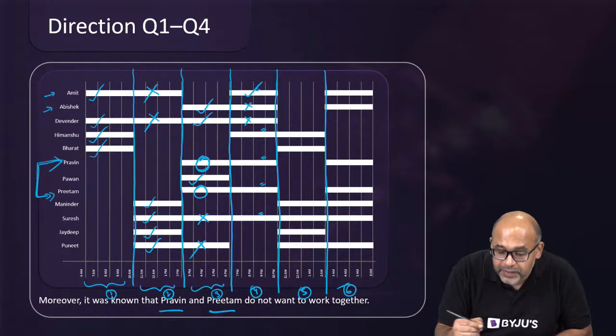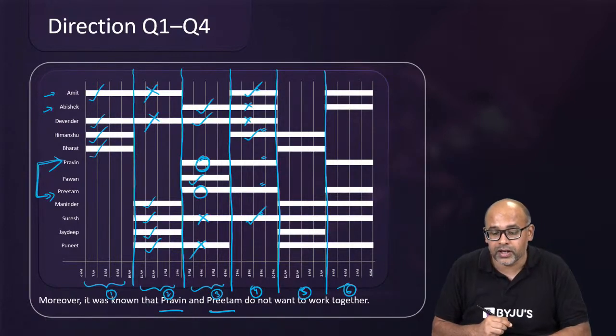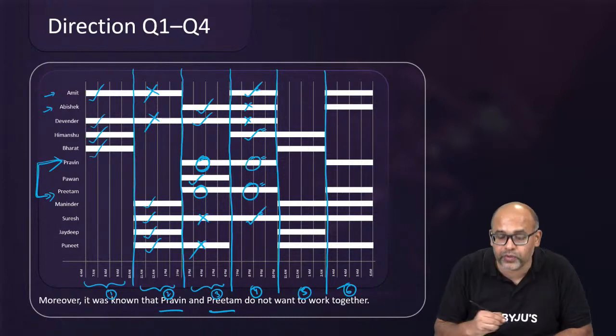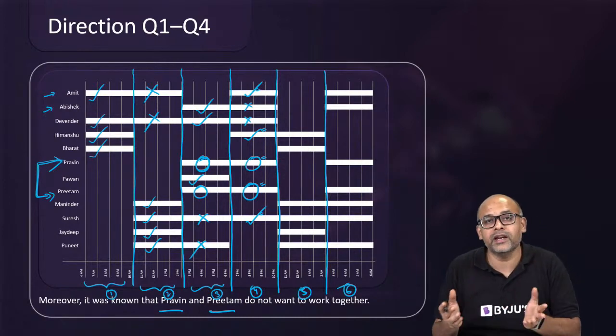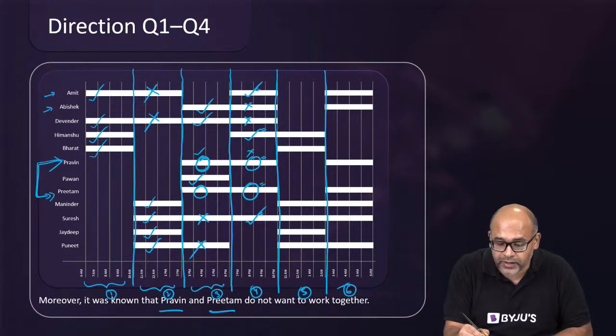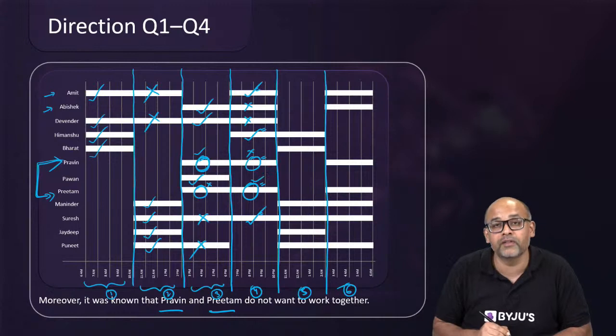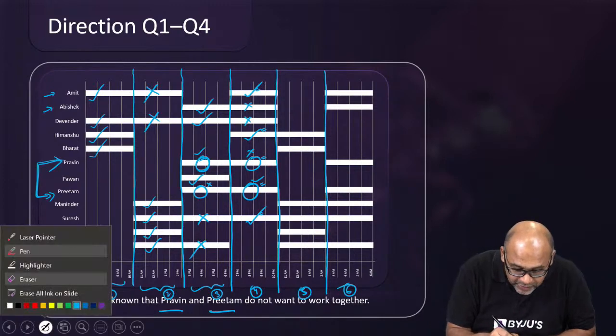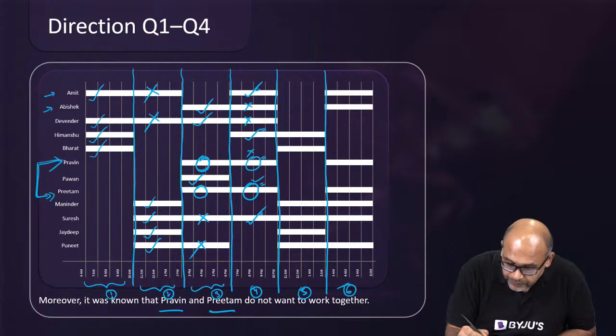So it means this person has to work, this person has to work, and this person has to work. Now here again I don't know who is working, right? If this person is working, this person will not work, and this person will not work here, this person will work. That's how it is. So we don't know exactly who's working, so let's leave it open for now.